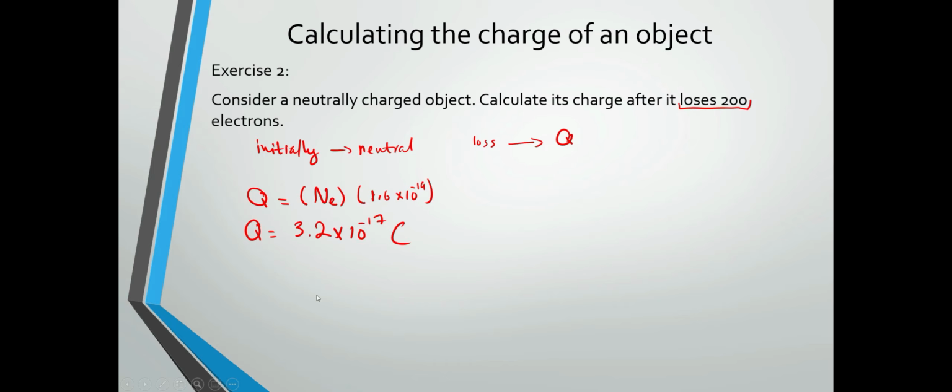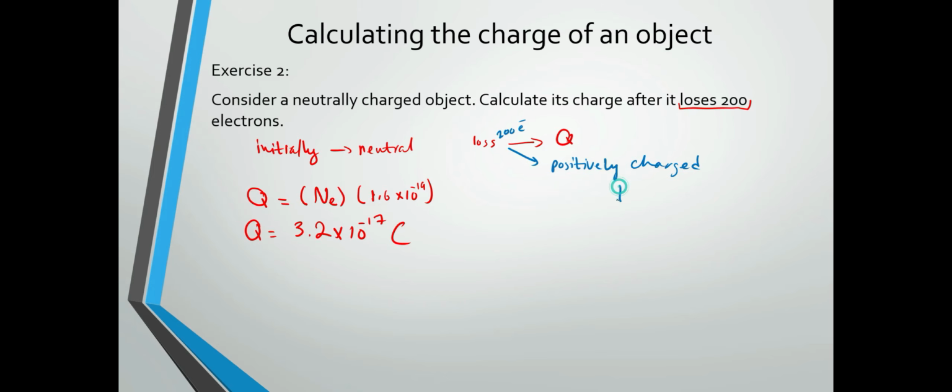Now the question, why did I use 1.6 times 10 to the power of negative 19 and not negative 1.6 times 10 to the power of negative 19? When it lost 200 electrons, it means that it became positively charged.